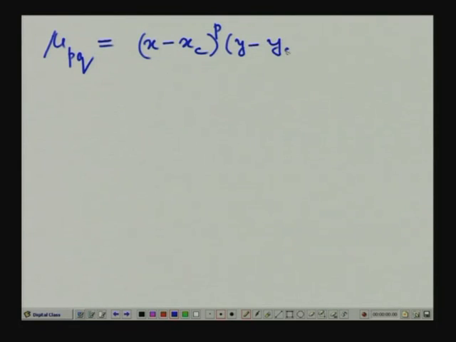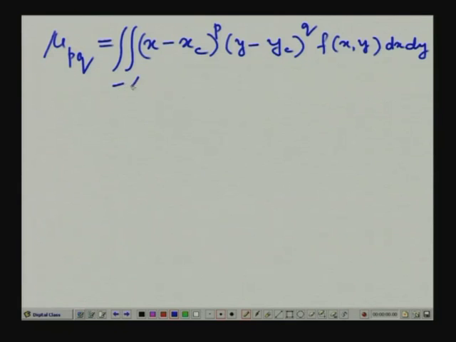The central moment of order p plus q, mu p q, is defined as the double integral of x minus x c to the power p, y minus y c to the power q, f x y dx dy, taken in the limit minus infinity to infinity.